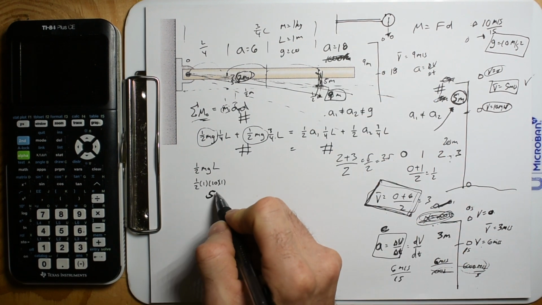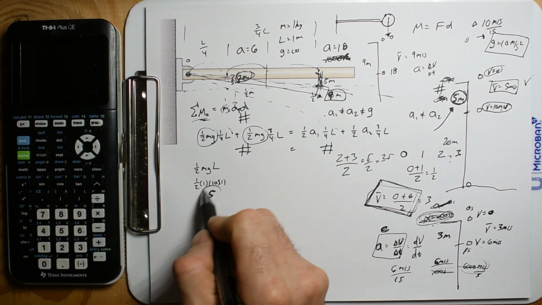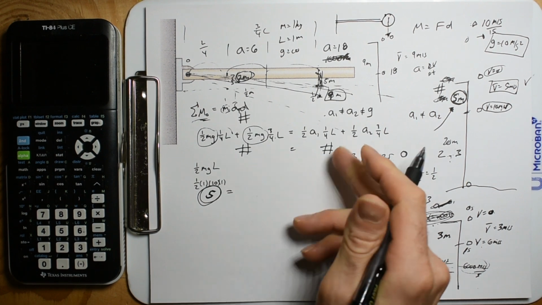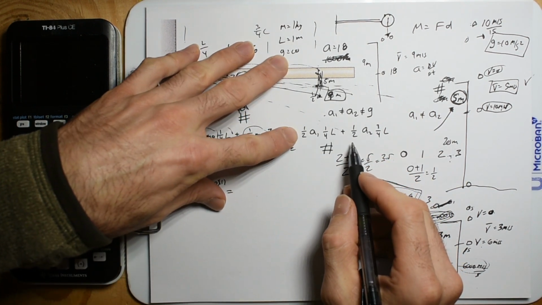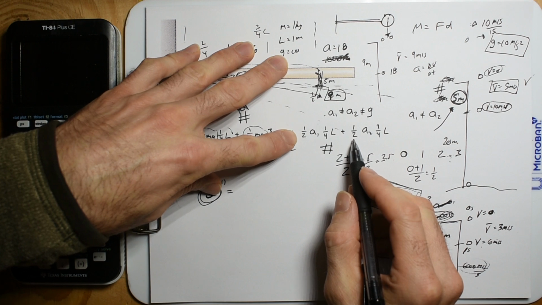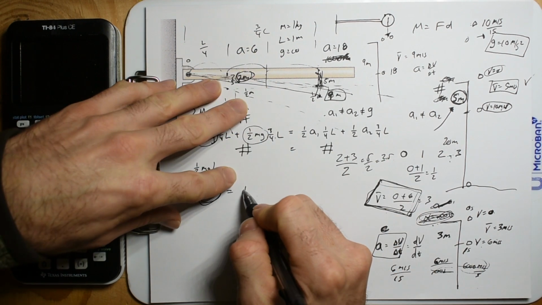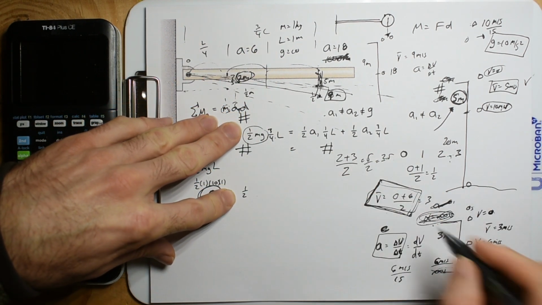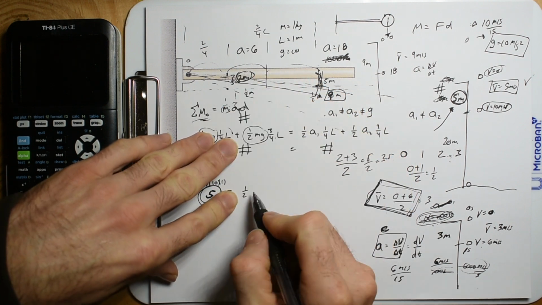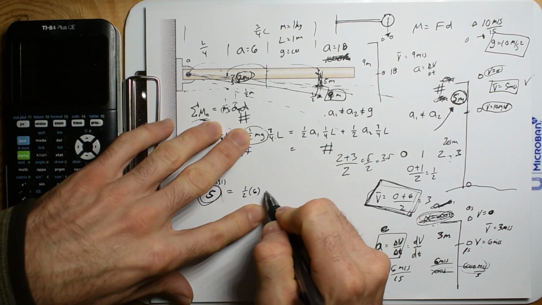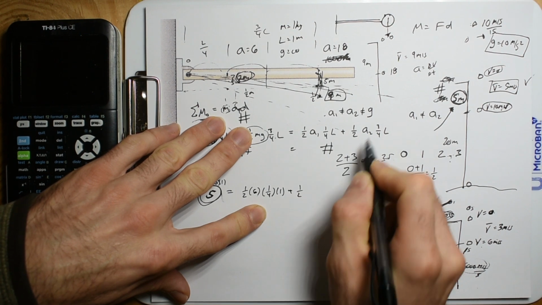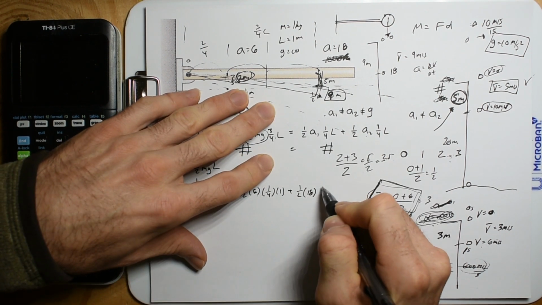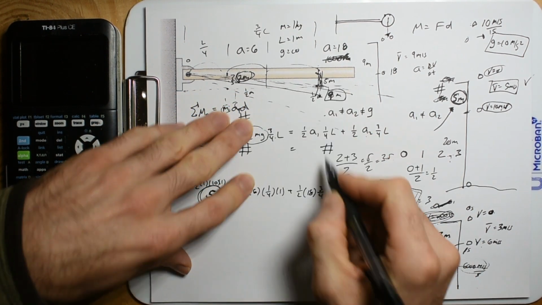Okay, but we have a number on this side. So the moment has to be 5, and then we're going to add the moments over here. So we have 1/2. We found the acceleration on this. It was 6. So we have 1/2 times 6, 1/4 times 1 plus 1/2 times 18, 3/4, and then the length is just 1.